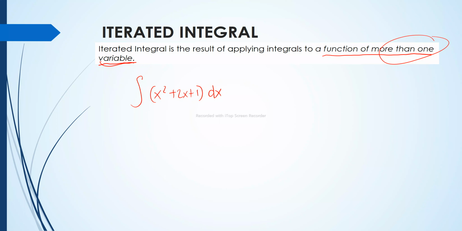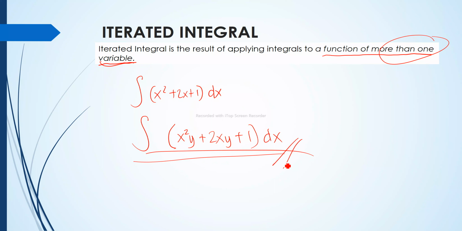Say we have the integral of x squared y plus 2xy plus 1 dx. This one we call the iterated integral.